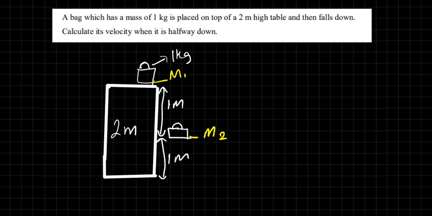In an isolated system, the mechanical energy at any given point is the same. So now we have to say that the mechanical energy at position 1 is equal to the mechanical energy of the object at position 2. And what is mechanical energy?